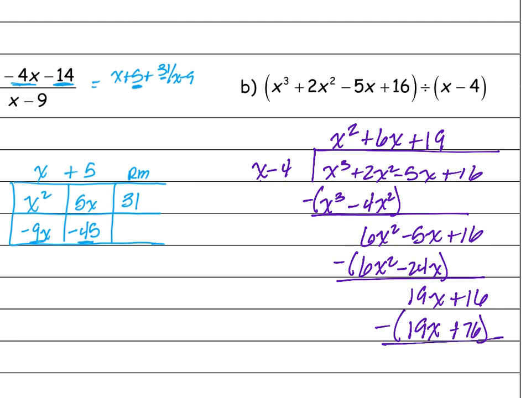And I have a remainder of, that can't be right, 60. So plus 60 divided by x minus 4.